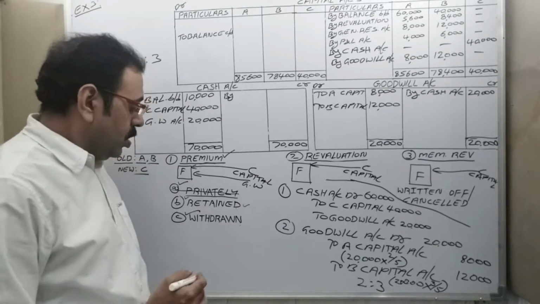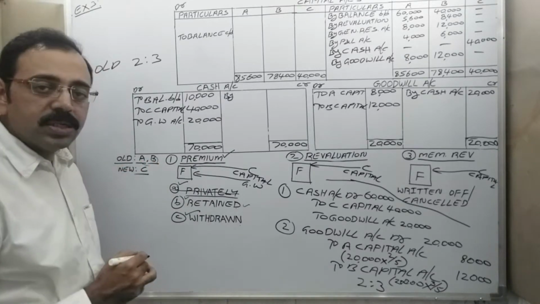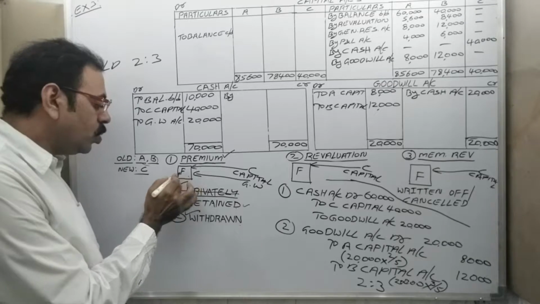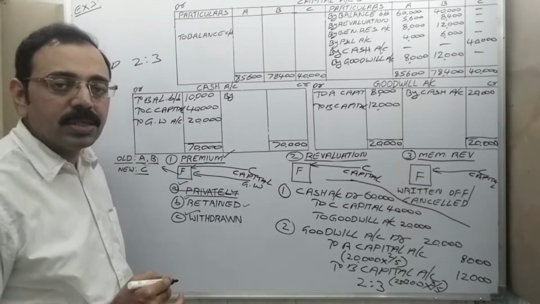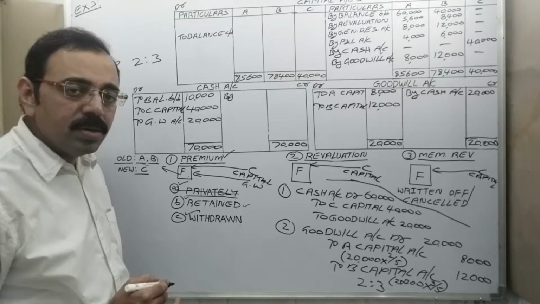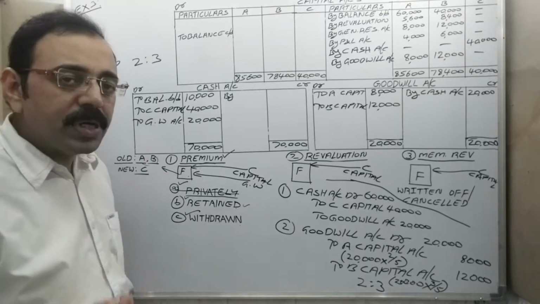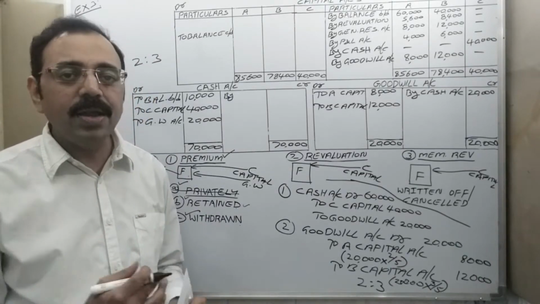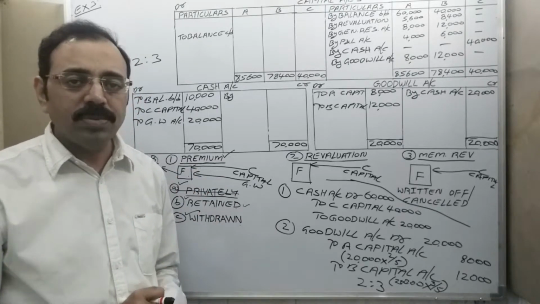Now, why do old partners withdraw the goodwill like this? Because they are entitled to take any amount from the business. Why? Partners are the owners. So for their personal use from the business, they may take their salary or any goodwill amount.